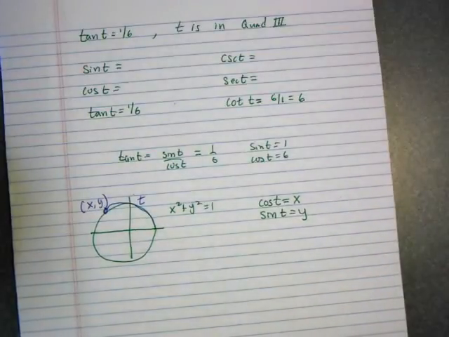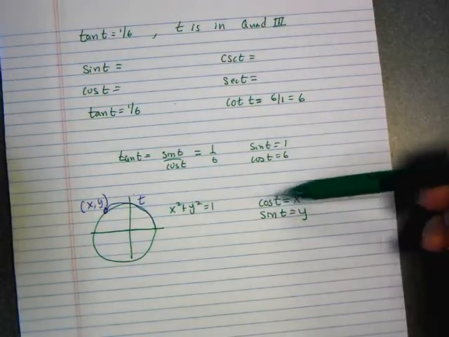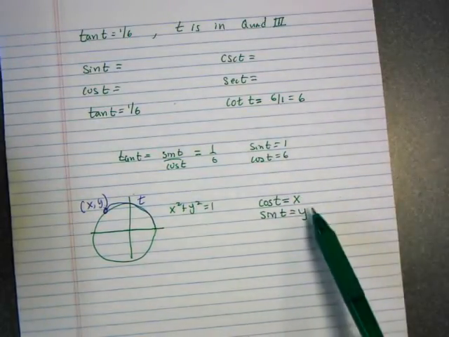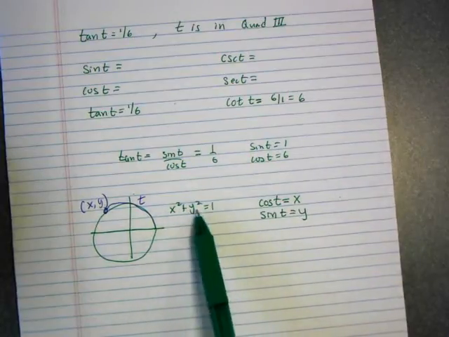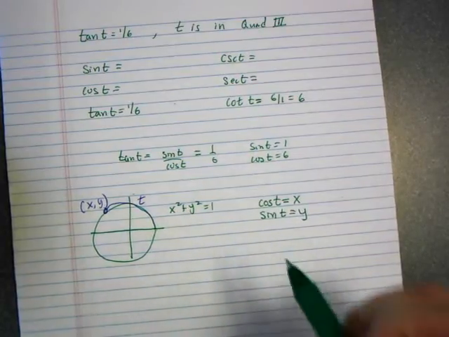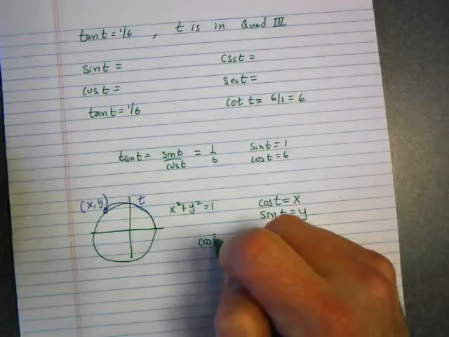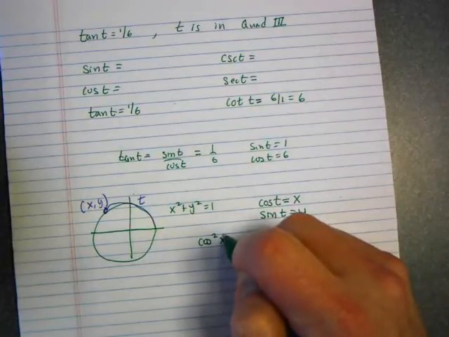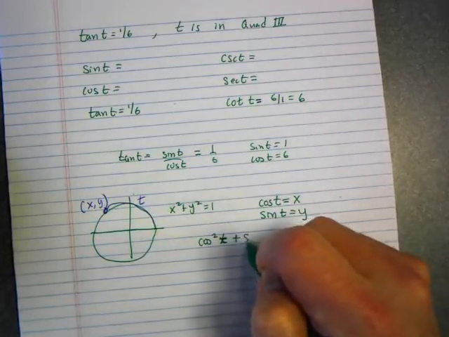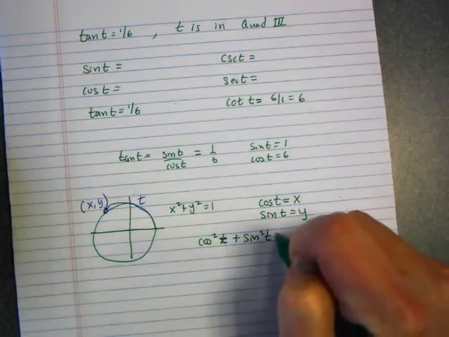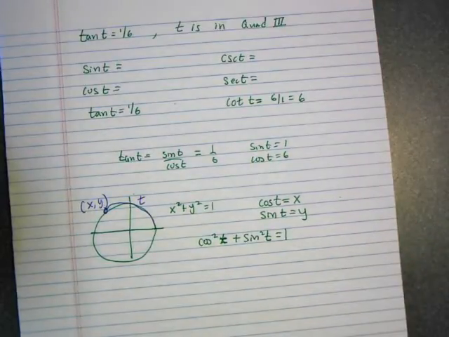And then you're absolutely right. Since cosine of t is x and sine of t is y, I can plug those into this equation, and I can write cosine squared t plus sine squared t equals 1. And that's one of the most important equations in all of trigonometry.